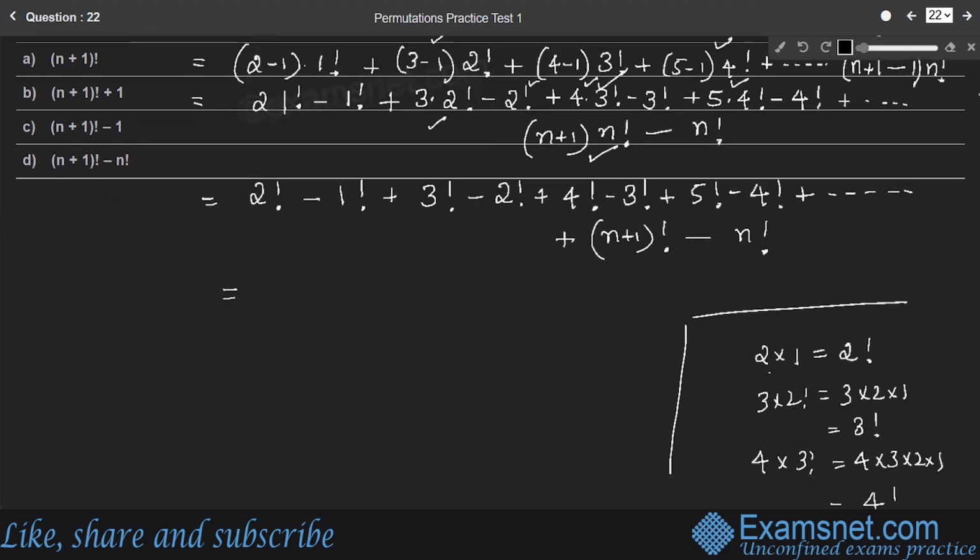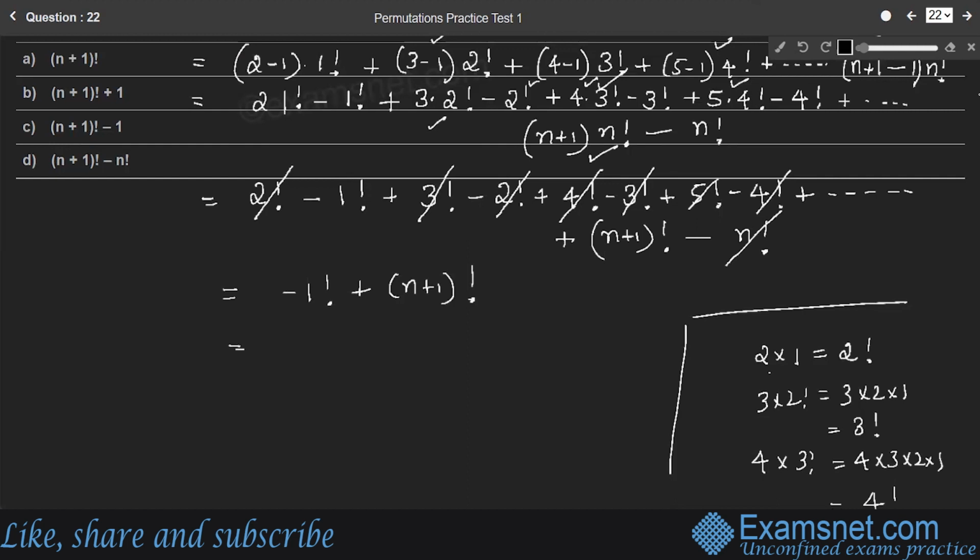Now here plus factorial 2 and minus factorial 2 will get cancelled, and factorial 3 minus factorial 3 will get cancelled. So factorial 4 minus factorial 4 will get cancelled. Similarly, factorial 5 and the next minus factorial 5. So all the terms will get cancelled, even factorial n with negative sign, and we have minus 1 factorial plus n plus 1 factorial at last.